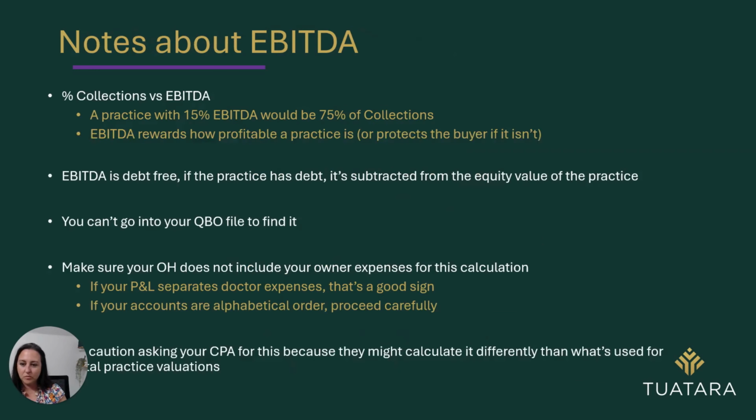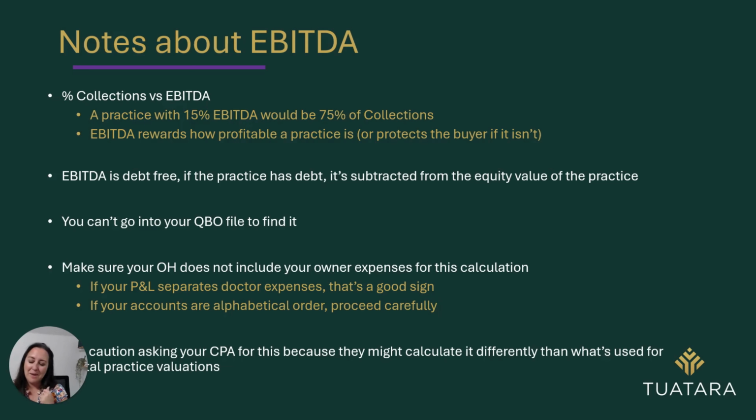Okay, so some notes on EBITDA. Percentage of collections versus EBITDA, I just mentioned before. So 15% EBITDA equates to 75% collections. EBITDA is superior to collections in that it rewards how profitable a practice is for the seller doc, or it protects the buyer doc if it's not profitable. So really important that we use EBITDA here so that we are accounting for how profitable the practice is.